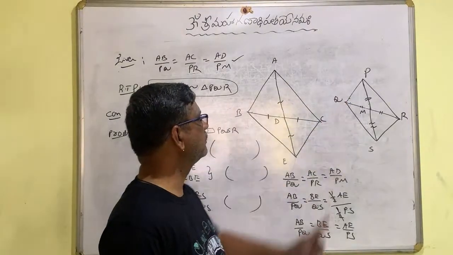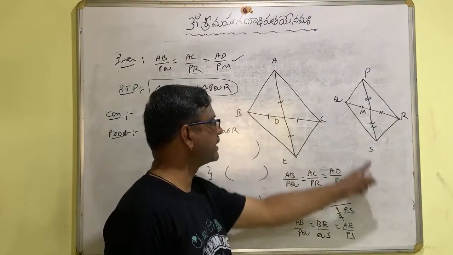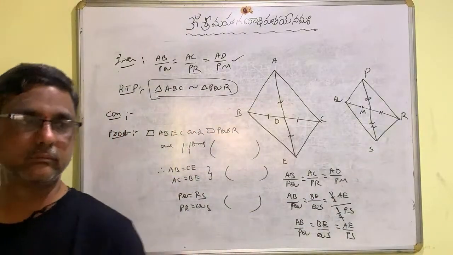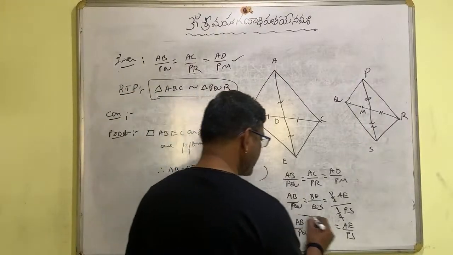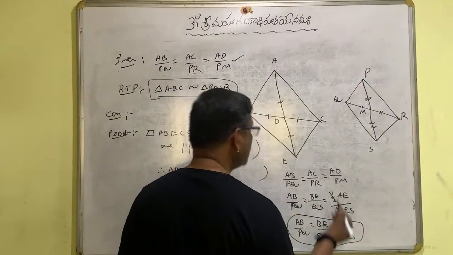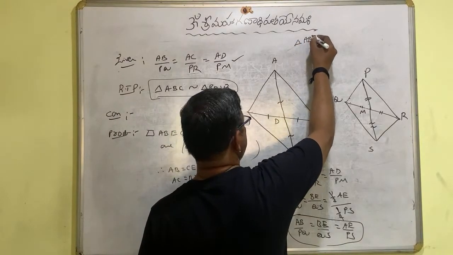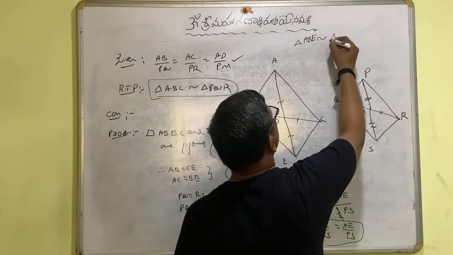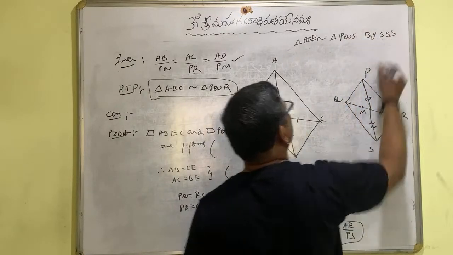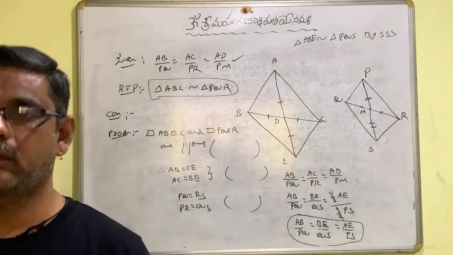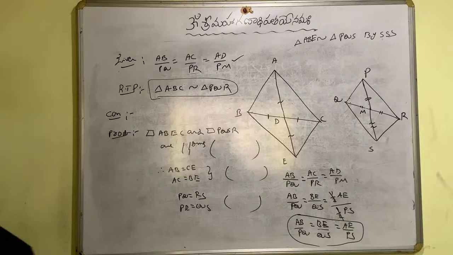Okay? So, from this, we can observe that triangle ABE is similar to triangle PQS by SSS similarity.